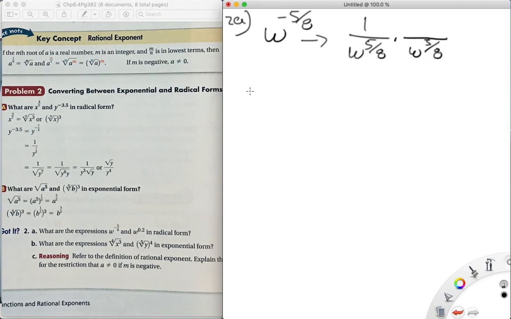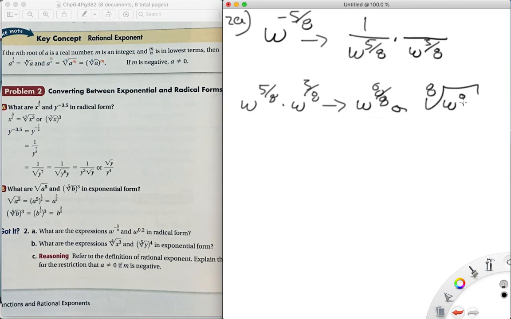Reason being, w to the 5/8 times w to the 3/8 gives me w to the 8/8, or you could think of it as the 8th root of w to the 8th power.